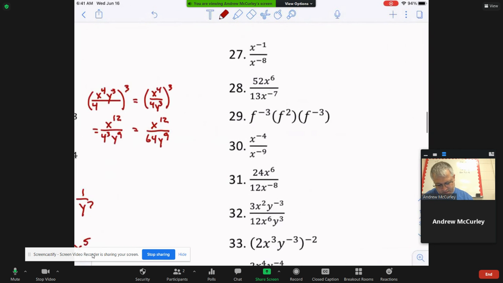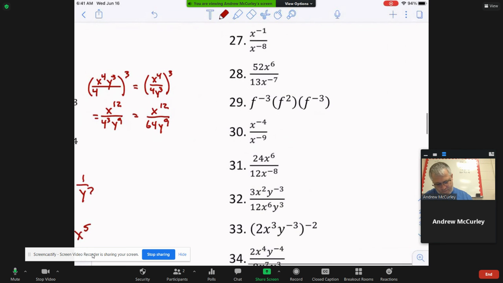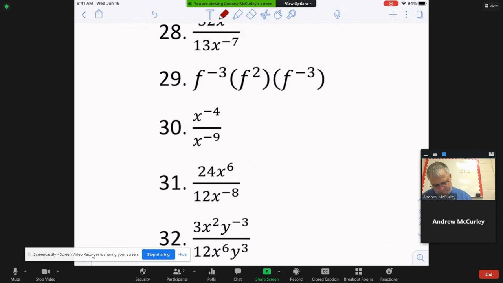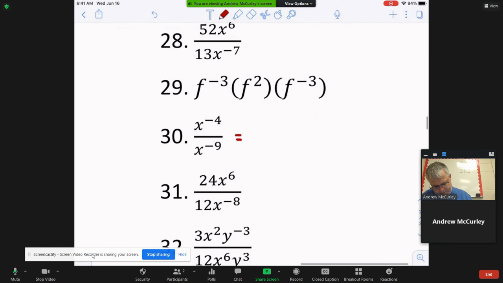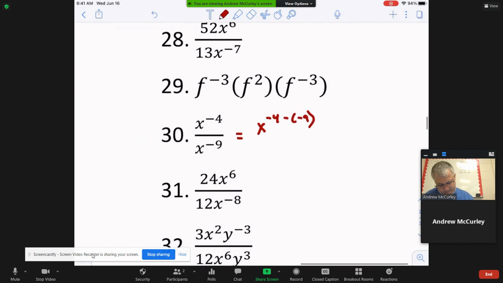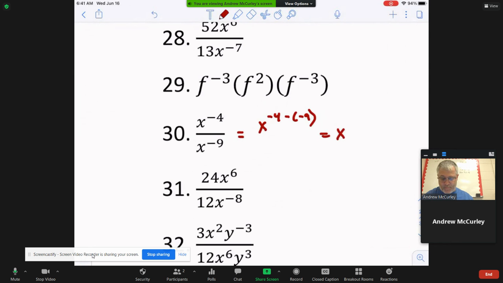Let's see. That's all kind of similar. I think we've got kind of enough. Number 30. Ooh, I like 30. So this is going to be, let's do 28. We'll go back to 28. So this is going to be x to the -4 minus -9. Watch your signs. So that's going to be x to the -4 plus 9. It's just x to the 5th. Nothing to move after that one.